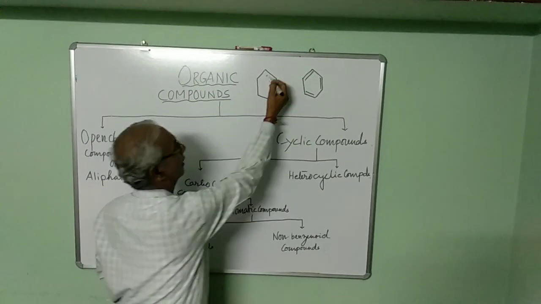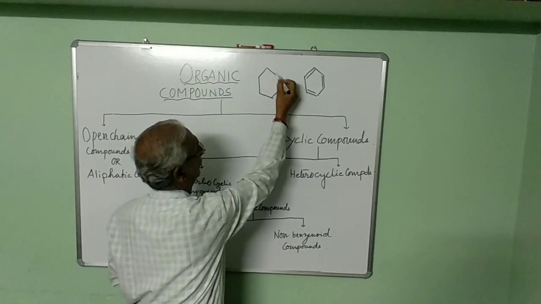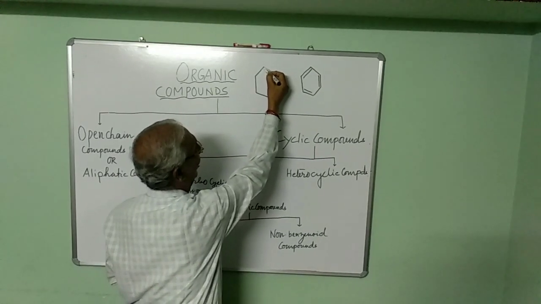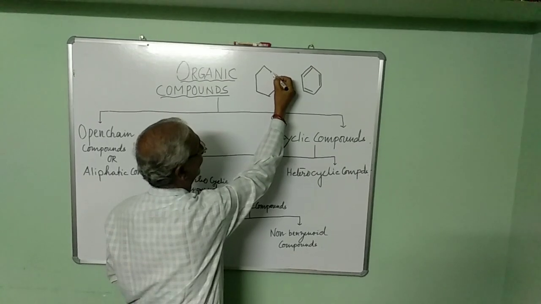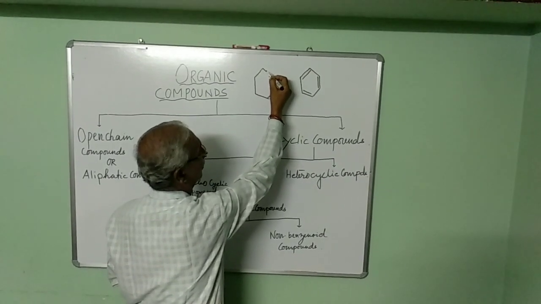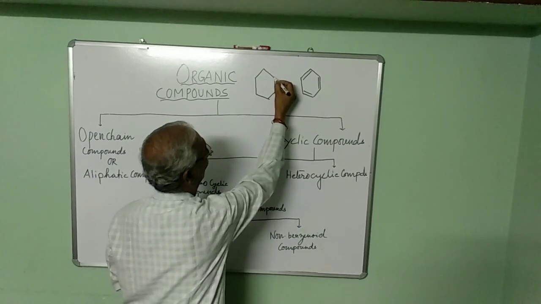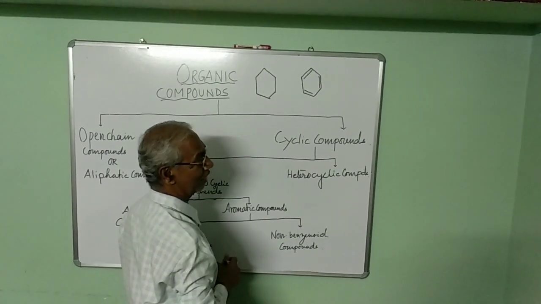Now, all corners are carbon atoms. With this carbon, two bonds are there. The valency of carbon is 4, so 2 bonds are left, and those two bonds are for hydrogen.